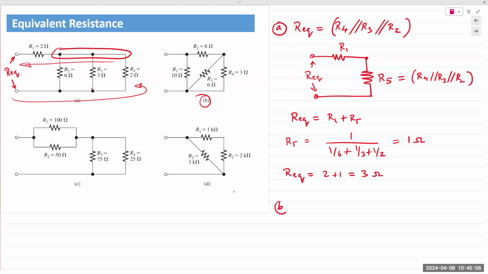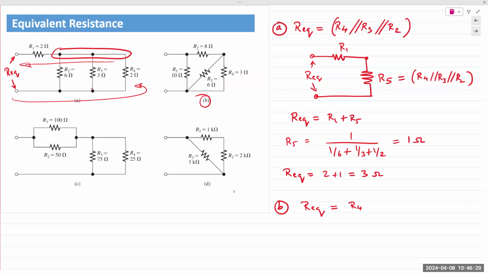REQ for B, we start at the farthest end. I have R4 at the farthest end. Then as I move towards the front of the circuit or the left side of the circuit, the next resistor up is R3. What is the relationship between R4 and R3? We look at the nodes.